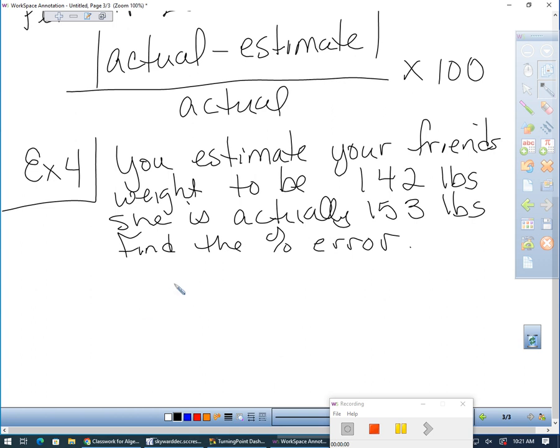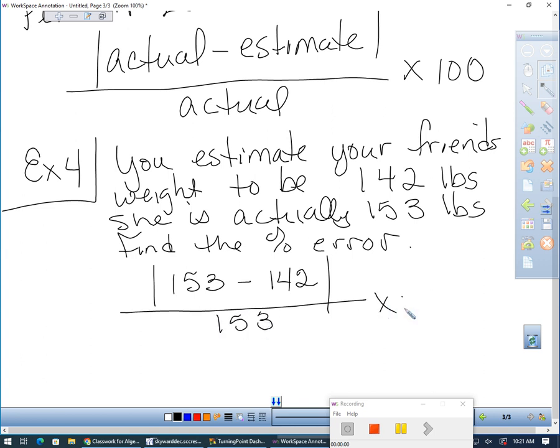All right, so we start by doing the actual. What number up there is the actual amount of her weight? 153 minus the estimate of 142 divided by the actual of 153, then we times by 100.